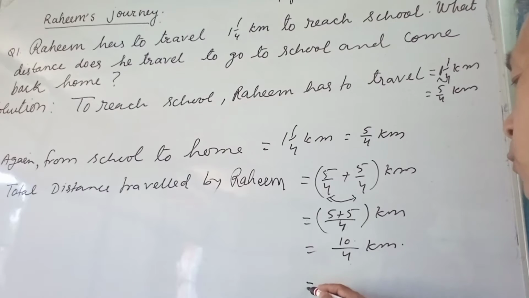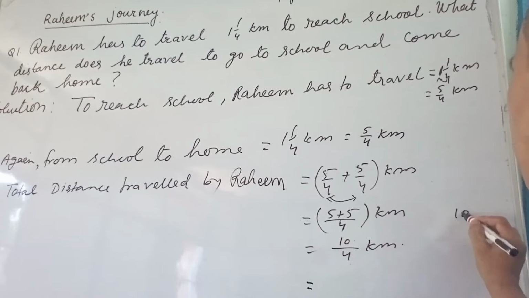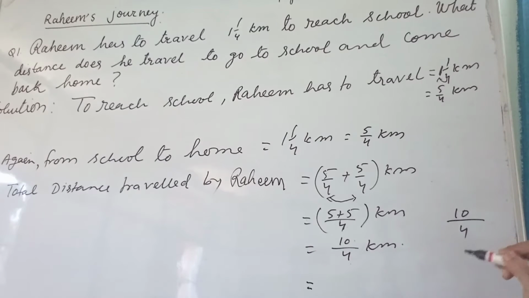So how to write this in the simplest form? You can do one thing. Let us write this 10/4 here on the right hand side as rough work. Can you see this?